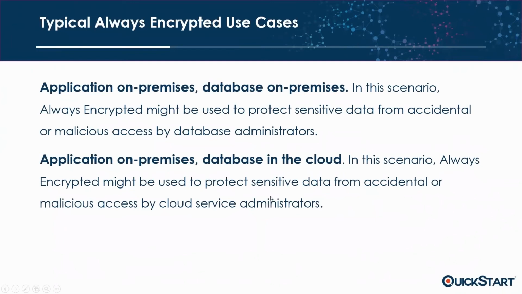Don't worry, with Always Encrypted, they also cannot see your sensitive columns, which you have protected through Always Encrypted. That's the whole thing they're trying to make clear, that that's where you would actually use Always Encrypted. So you can have application and database both on-prem, or you could have application on-prem and database on cloud.